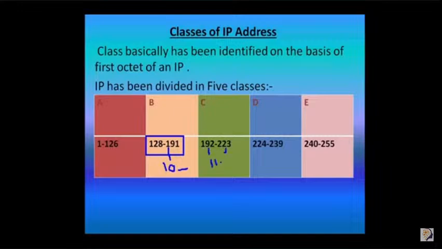So by simply looking at the first octet bits, rather than converting into decimal, you can identify whether it's a class A, B, or C. Got the reason? My purpose in discussing all these things is to make you very familiar with the binary number system also.